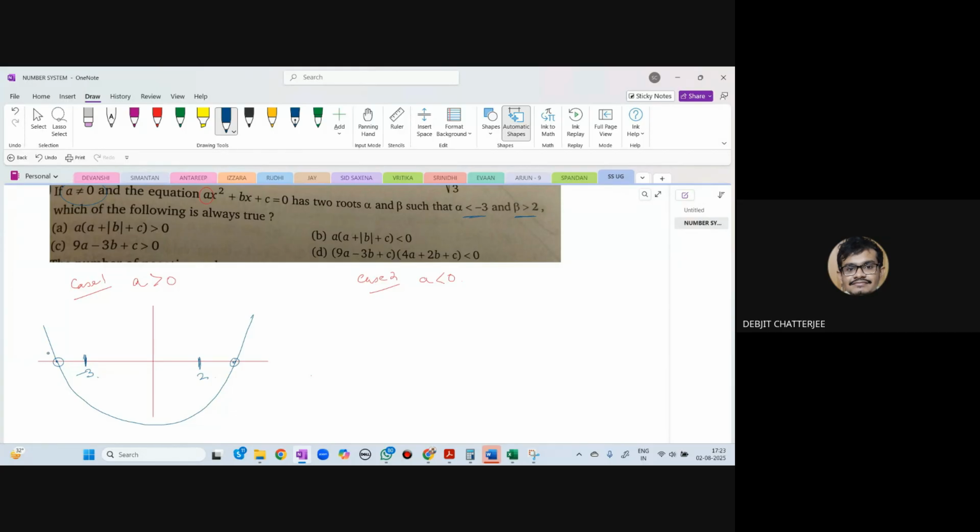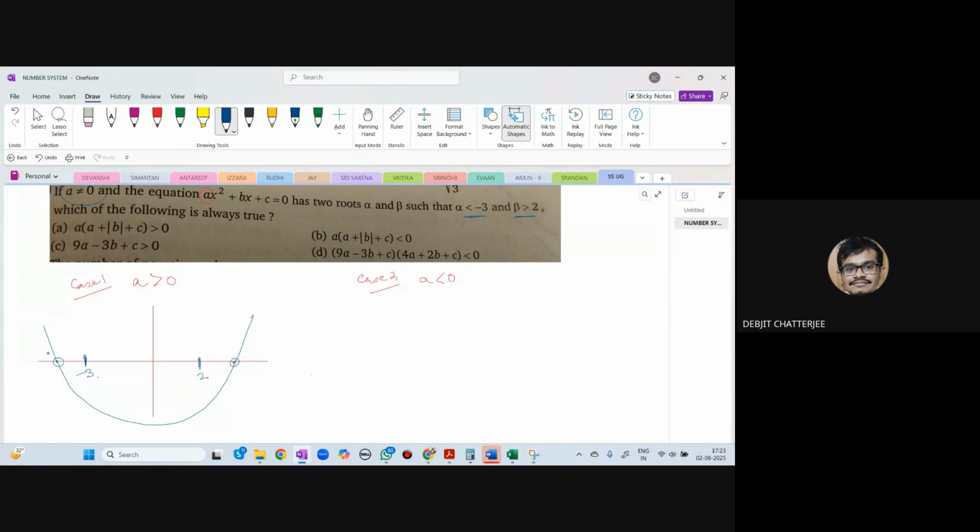So if we take a greater than or equal to 0 first, then for -1 and +1 both, the equation ax square plus bx plus c will be less than 0 if a is greater than 0, and vice versa. If a is less than 0, then ax square plus bx plus c will be greater than 0 for 1 and -1.